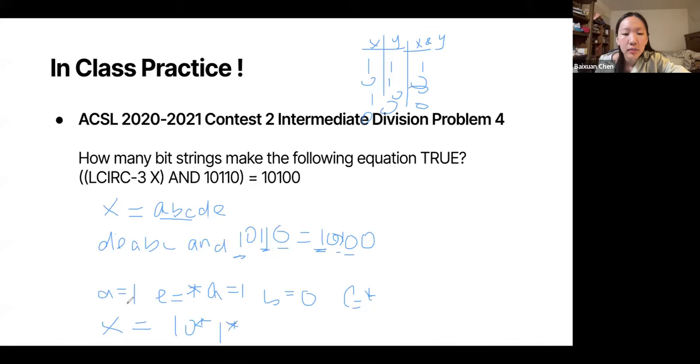So there should be 4 choices for bit strings that can make this, right? Because for these 3 digits, there's only 1 option. But for each asterisk, there's 2 options. So it'll be 2 times 2, which is equal to 4.